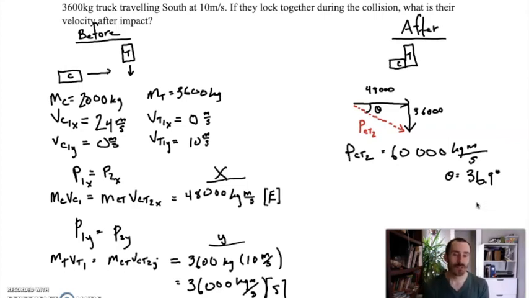But this question is asking us what's the velocity after impact. It's not asking us for the momentum, but because we know the mass of the car and the mass of the truck, we can figure out their velocity just by taking the momentum and dividing it by the mass.